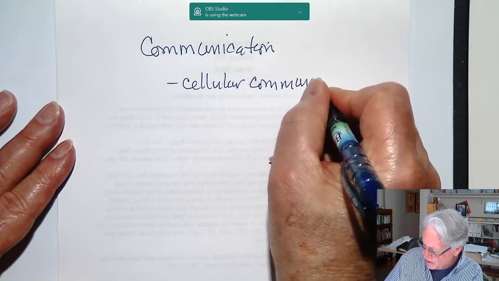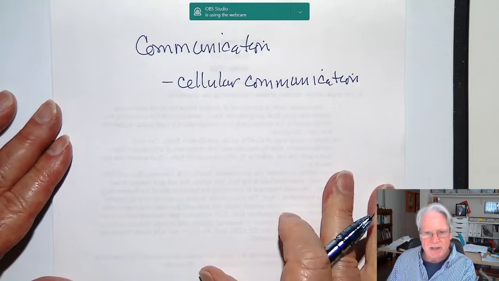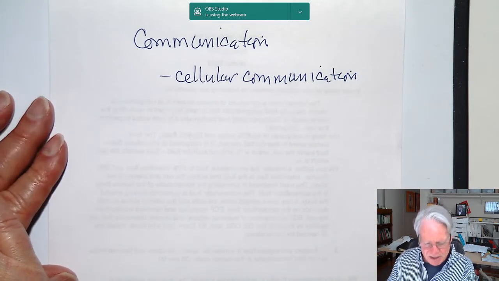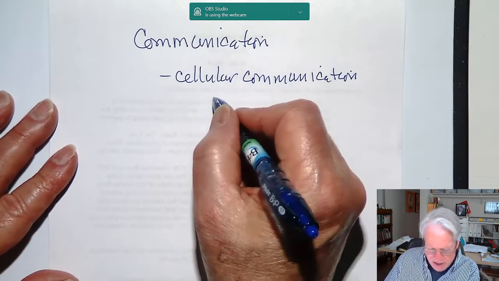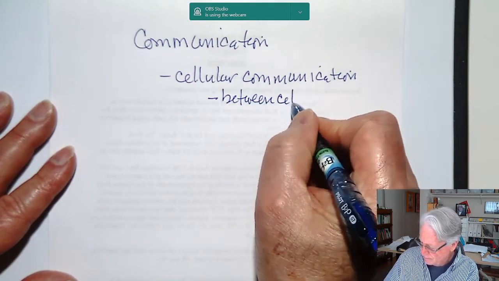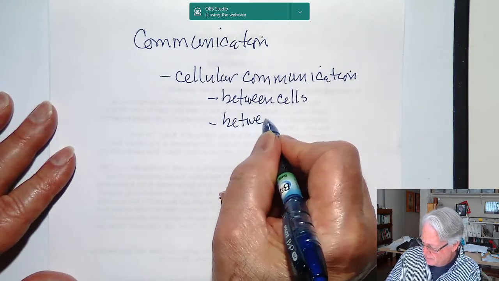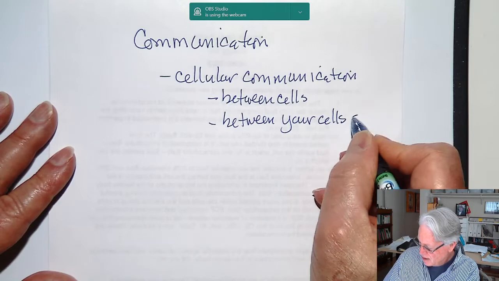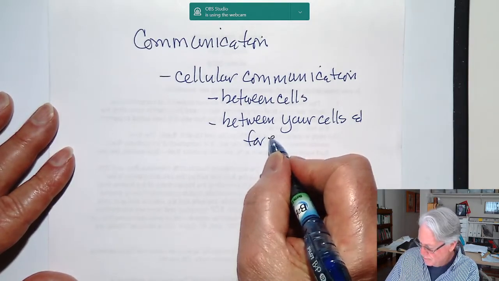If you're going to coordinate body activities, and let's face it, basically what you're doing is coordinating the activity of all those trillions of cells we talked about, you have to have some mechanism to do that. Now, cellular communication is going to be between cells, between your cells and foreign cells, that is bacteria.